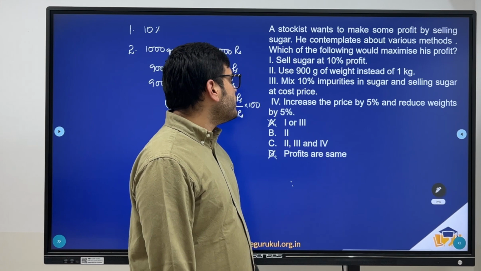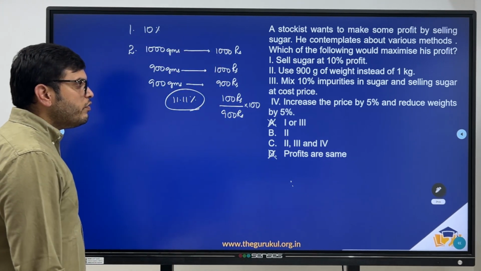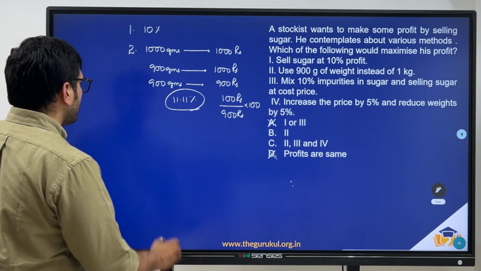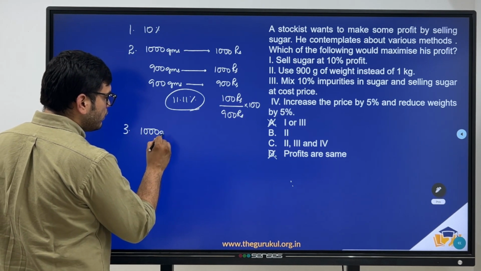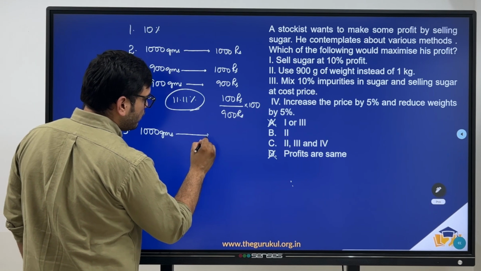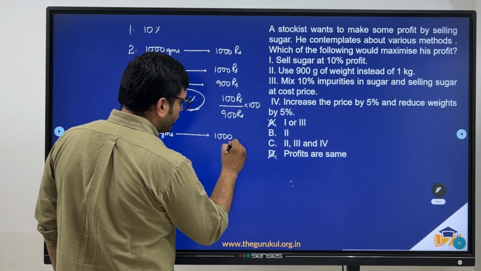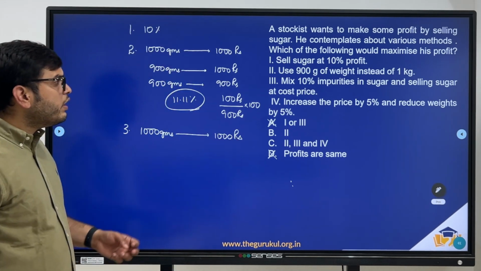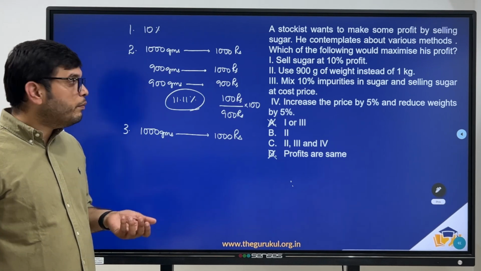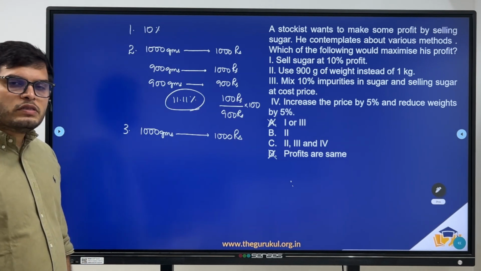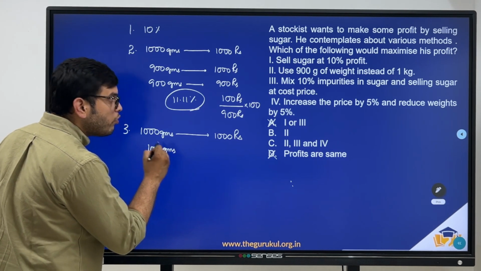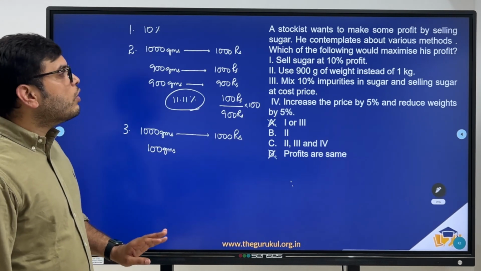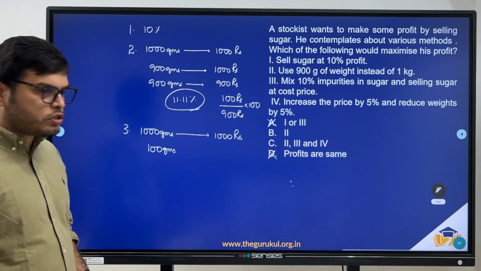Now let's look at option 3. Mix 10% impurities in sugar and sell sugar at cost price. Okay, so let us consider that he purchases 1000 grams for 1000 rupees. Now he mixes 10% impurities in the sugar. Now what is 10% of 1000? 100 grams. So he mixes 100 grams of impurities which come at no cost, right?